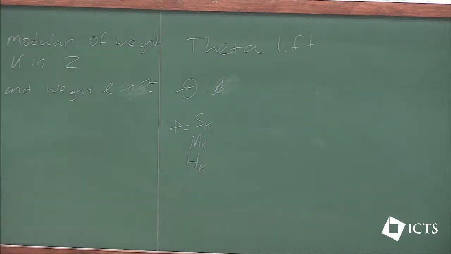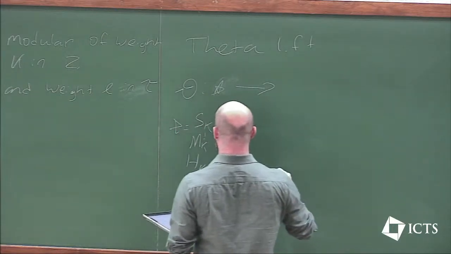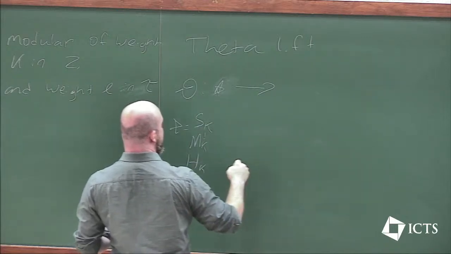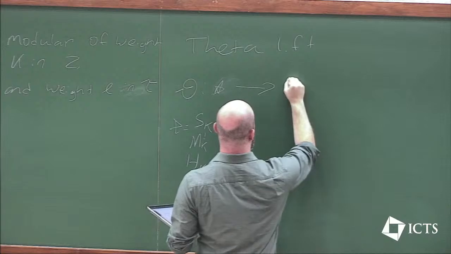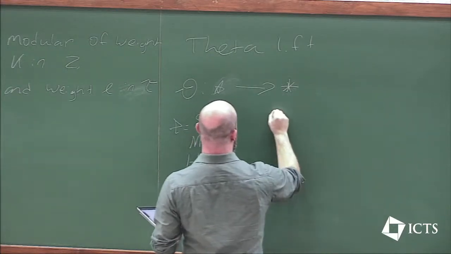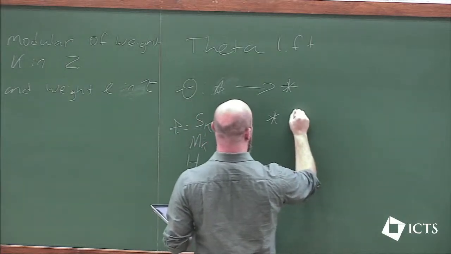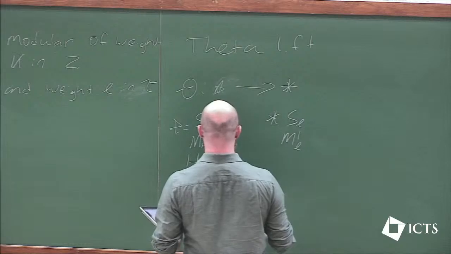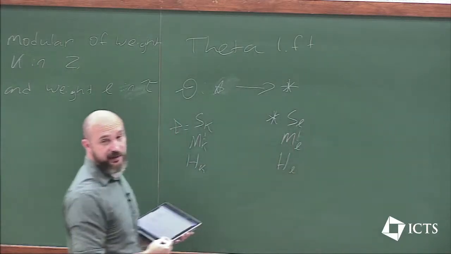Okay, but something modular of weight K, and the output is going to be, let's say, asterisk instead of star, where again, asterisk is going to be something modular of weight L. Maybe we're in SL, or ML bang, or HL, something like this, okay?